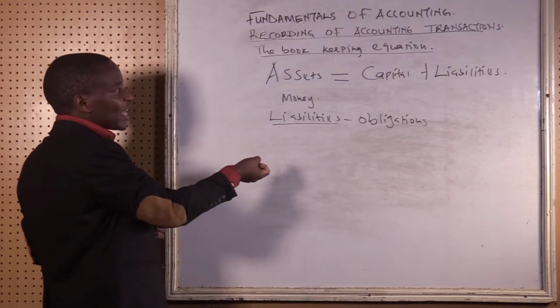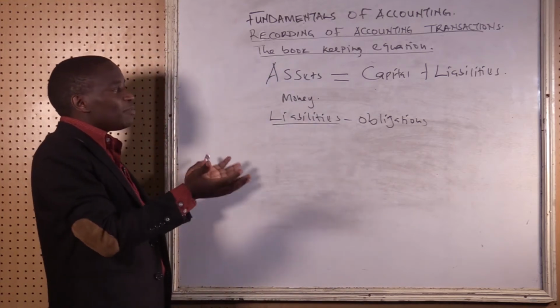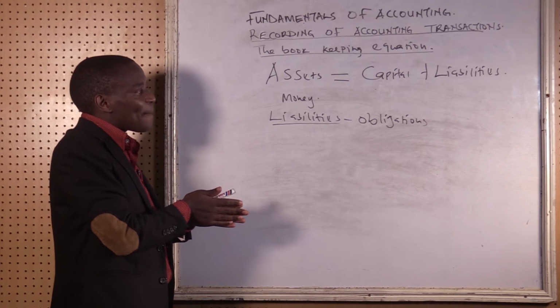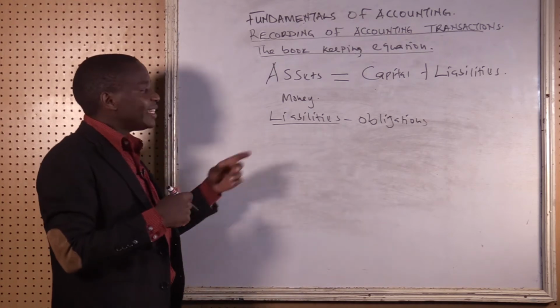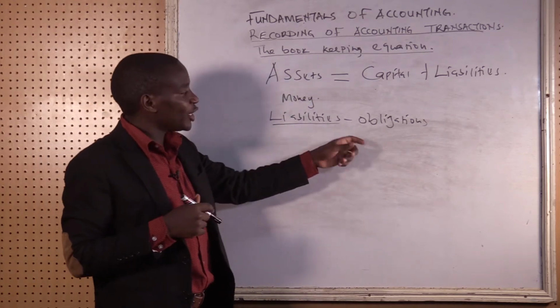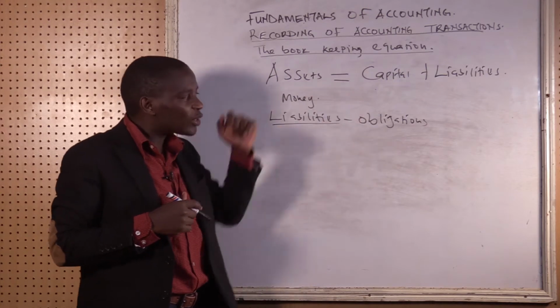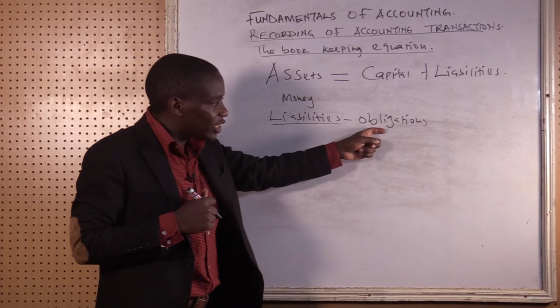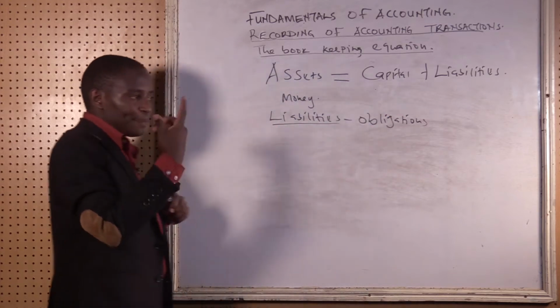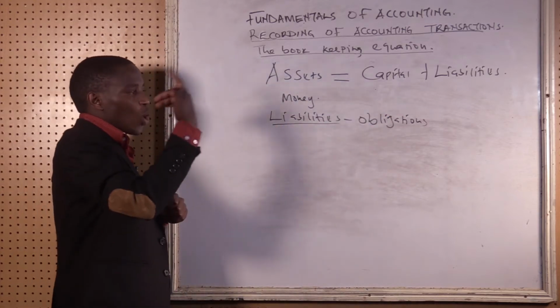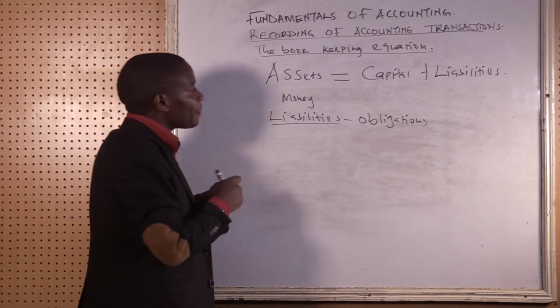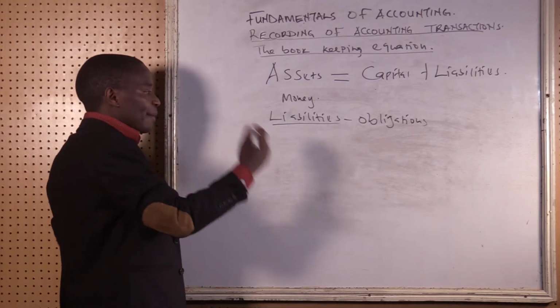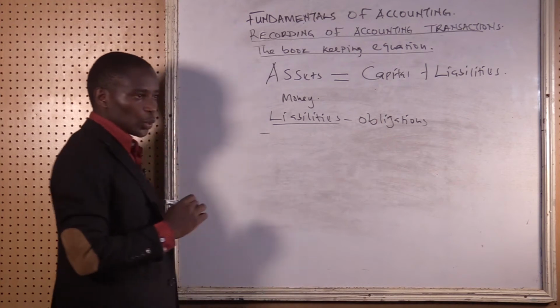For example, when the business wanted to buy things like land, and they didn't have enough money, they went to the bank and borrowed some money in form of a loan. That is a liability or an obligation that a business is expected to honor or to pay at a later date. Just like assets, liabilities are classified into two.